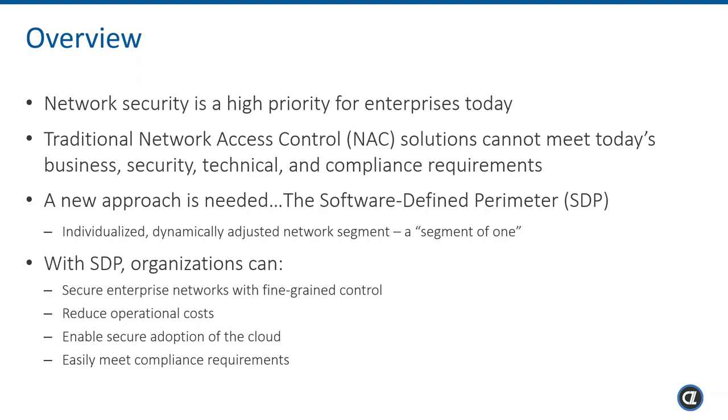So what we're, of course, going to be talking about and introducing in this call is the notion of a software-defined perimeter. This is a specification and architecture that was published about 2 years ago by the Cloud Security Alliance, which is a nonprofit industry consortium. As we'll drill into in a couple of slides, it effectively provides a per-user network segment, an individualized network segment that's dynamically adjusted based on user attributes and network attributes.